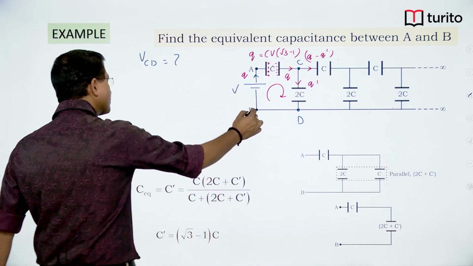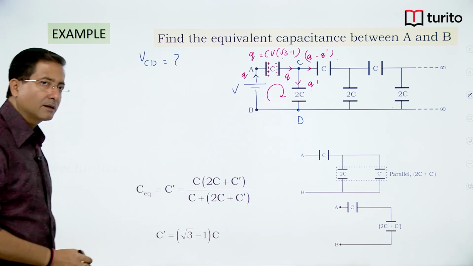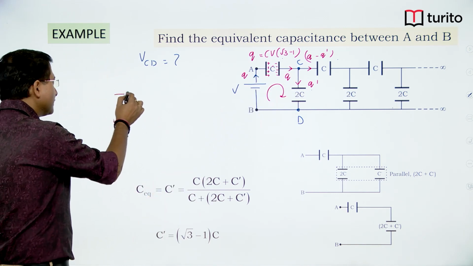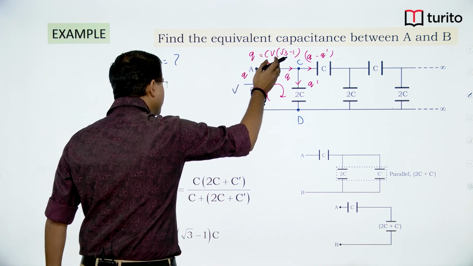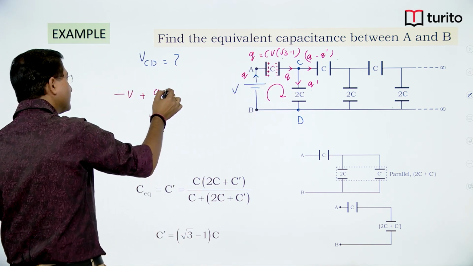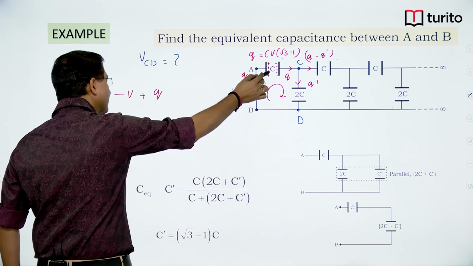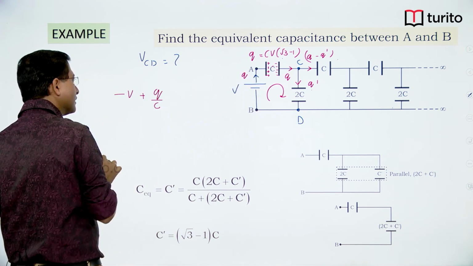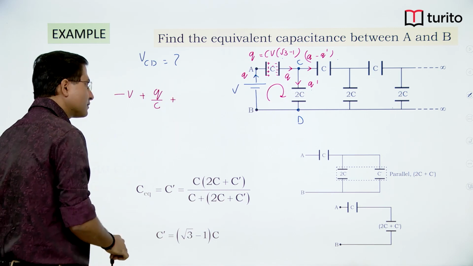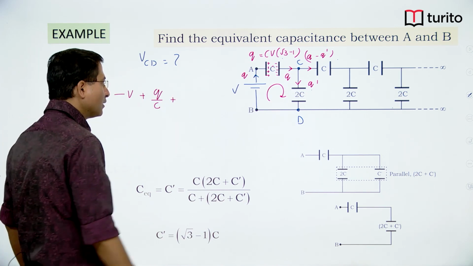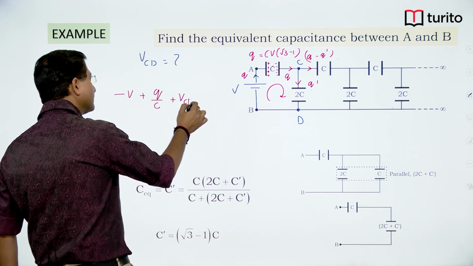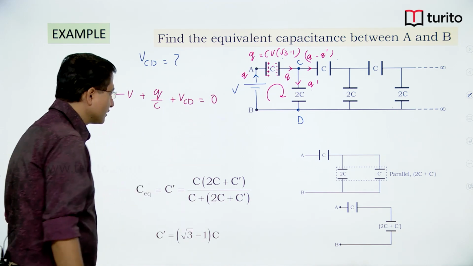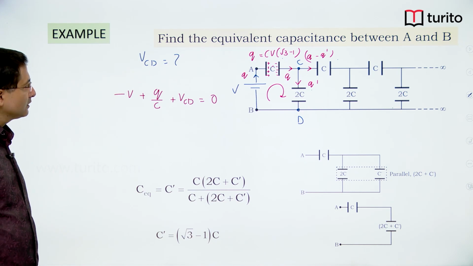If I start from this point and again get back to the same point, then I see minus V as there is an increment, and then going from positive plate to negative plate there is a decrement of Q divided by C, plus whatever the potential difference here, VCD, is equal to 0, and we need to find VCD.